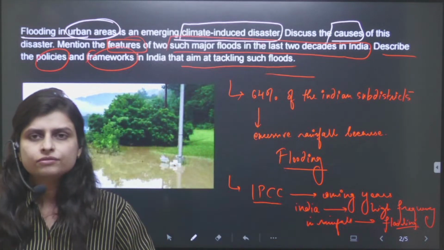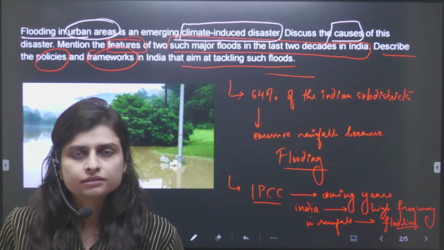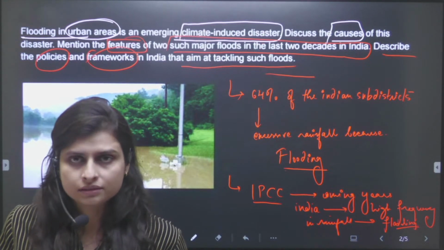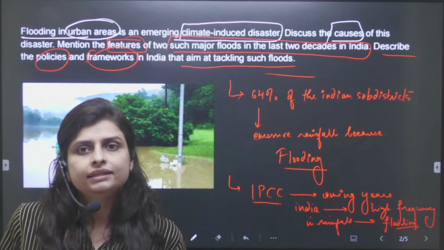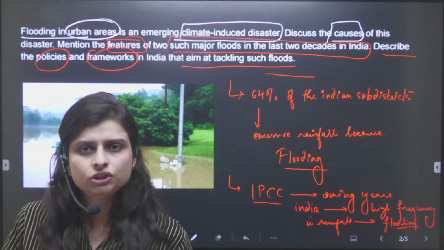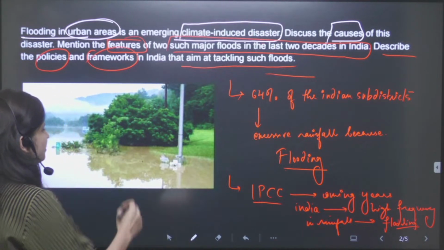Now we have got our facts, we have got our evidences based on which we are saying that we are witnessing what? Flooding in certain areas. Now the question is saying that flooding in urban areas, that means they have directly said that you need to mention about urban floods.